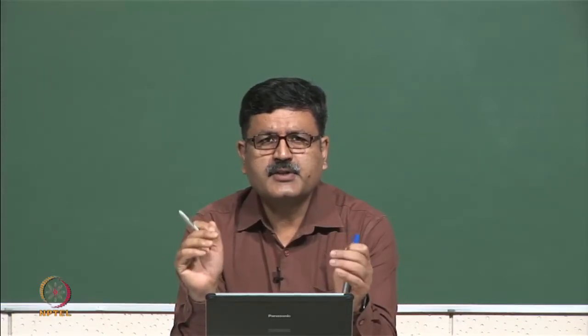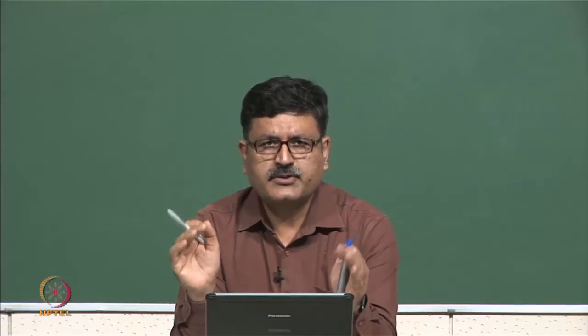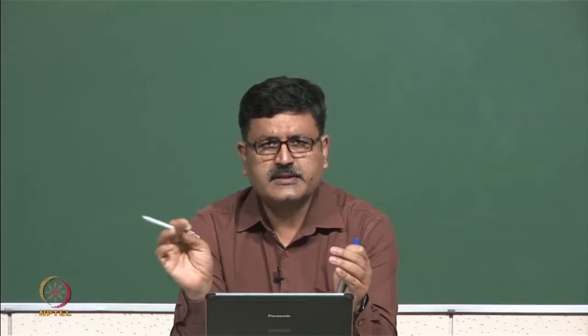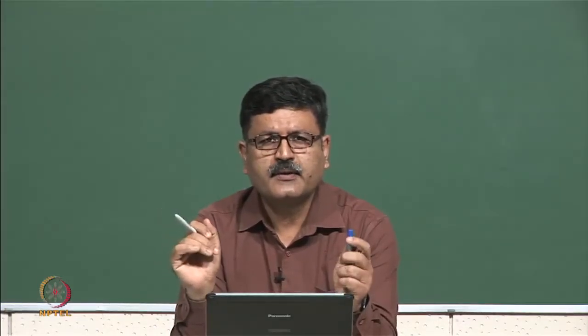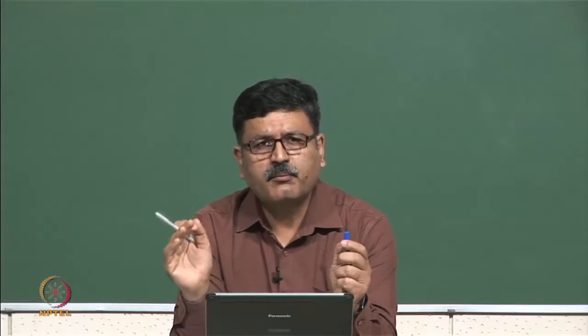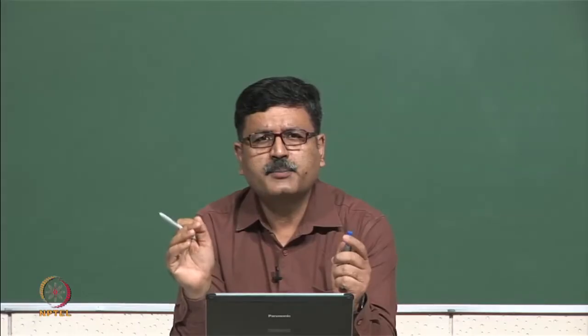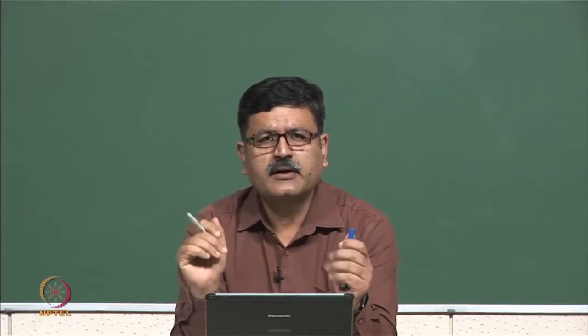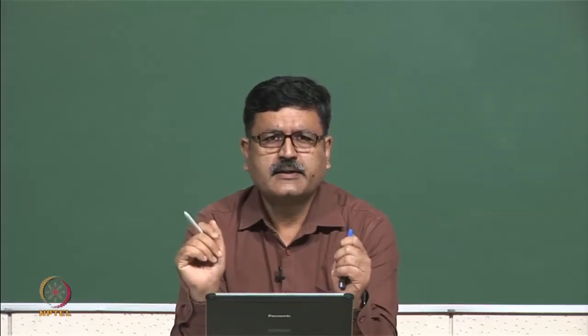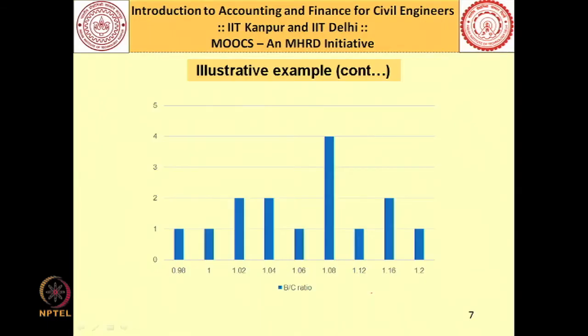And the third question is, in a project which you are bidding right now, whose estimated cost is 5 crores, what will be your markup if you are using Friedman's model, what will be your markup if you are using Gates model, and what would be your strategy. So, these are the questions. Now, if you look at the histogram, this is how it looks. This axis is giving you B by TC.